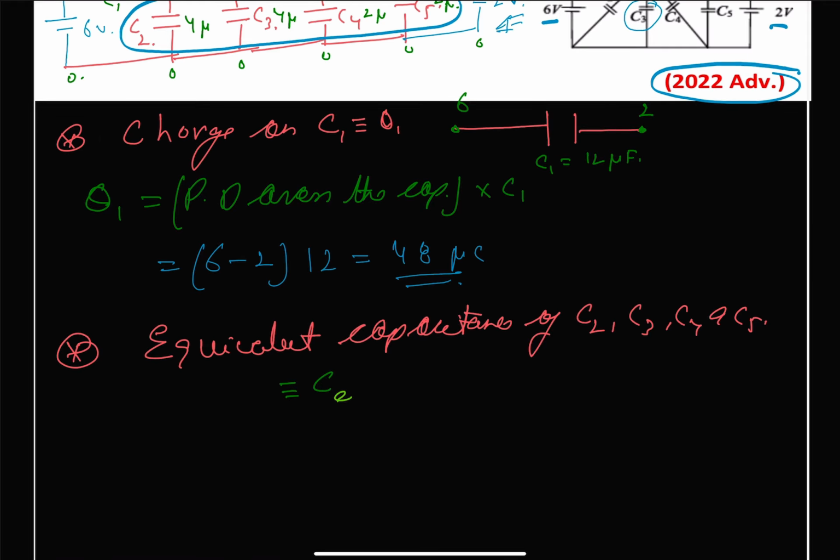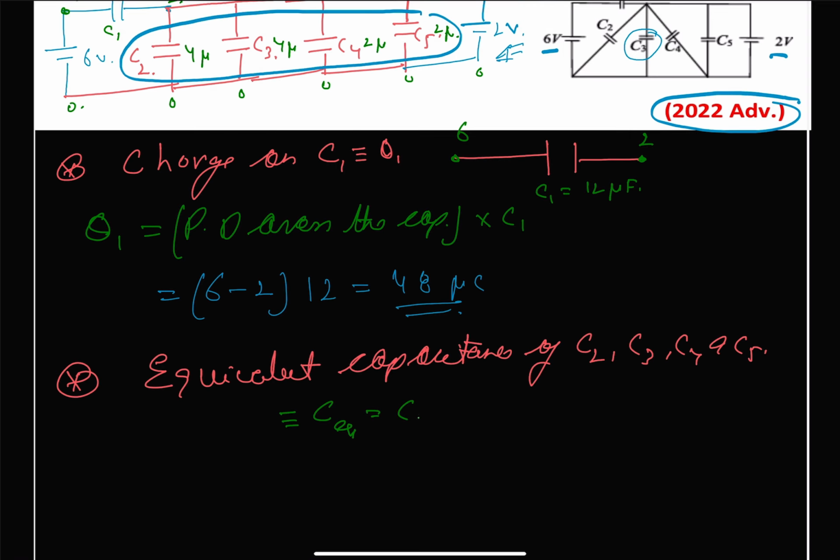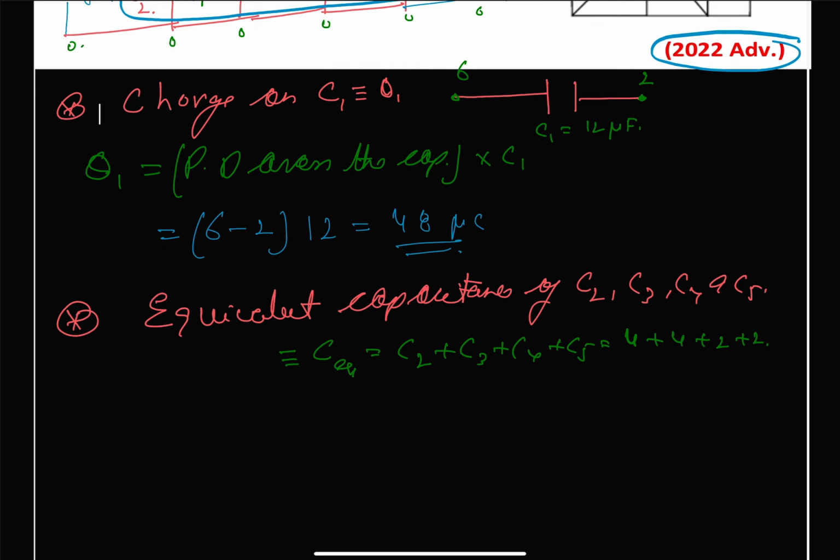All these capacitances are in parallel. So that will be C2 plus C3 plus C4 plus C5, giving us 4 plus 4 plus 2 plus 2. So we get our C equivalent will be equal to 12 microfarad.